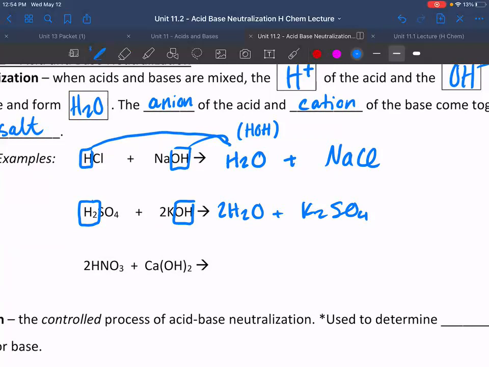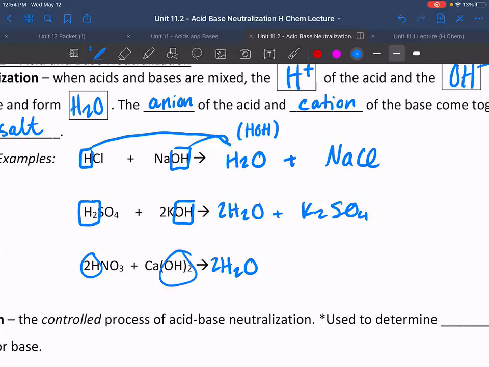And lastly, if we have nitric acid and calcium hydroxide, they will come together, also forming 2 moles of water. We had to balance with a 2 in front of the acid because of the 2 hydroxides that come from the base.